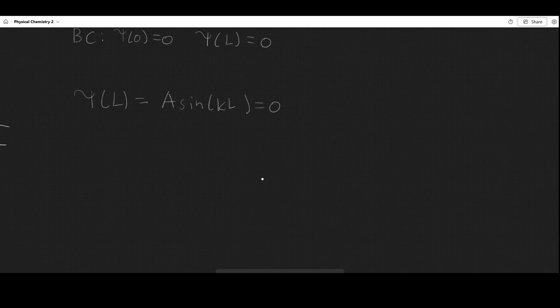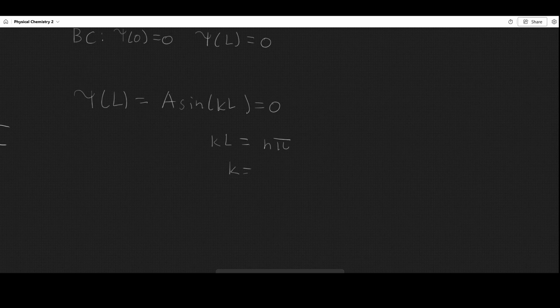And then if we solve for what KL is, we know that sine is only equivalent to 0, if you remember your unit circle, at n pi. So we know that KL equals n pi. Sine is always 0 at n pi.